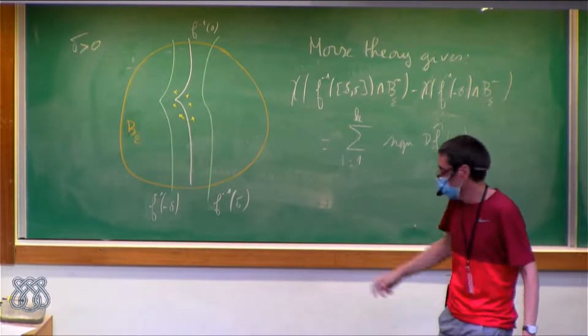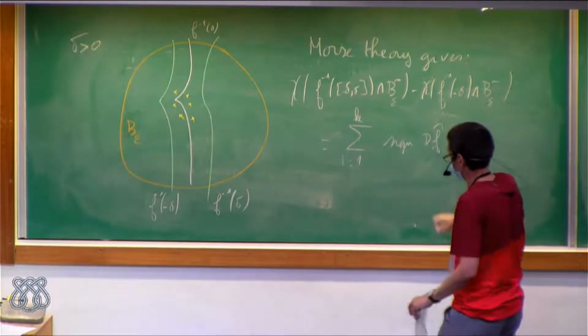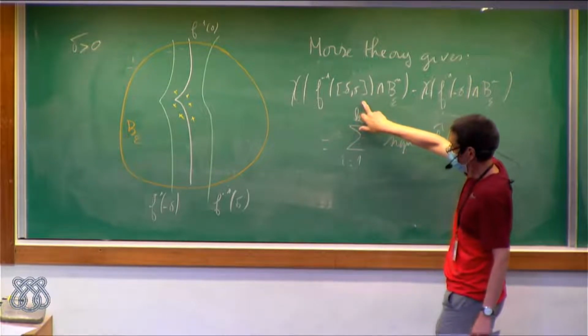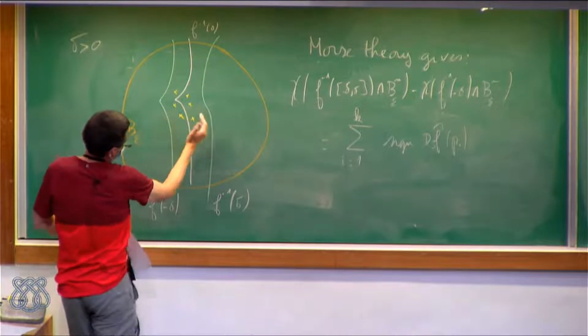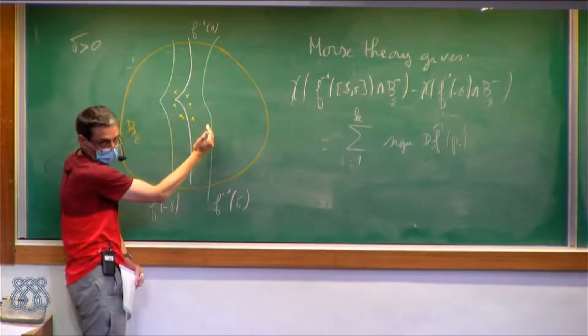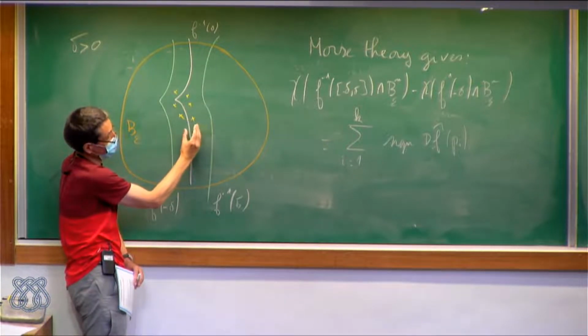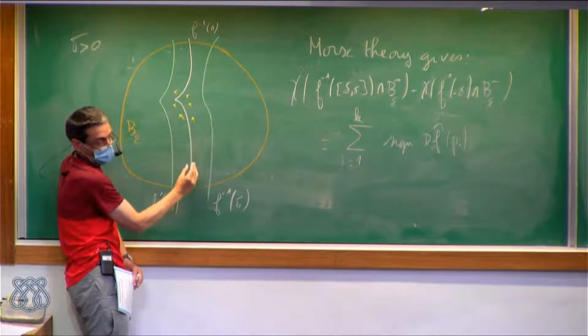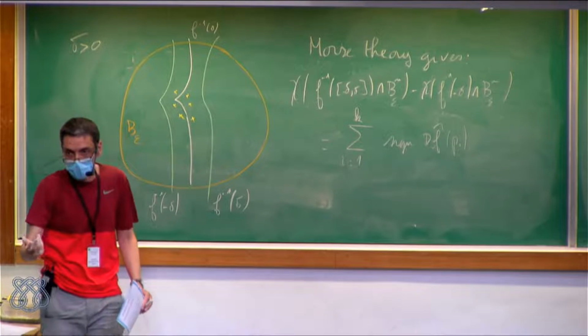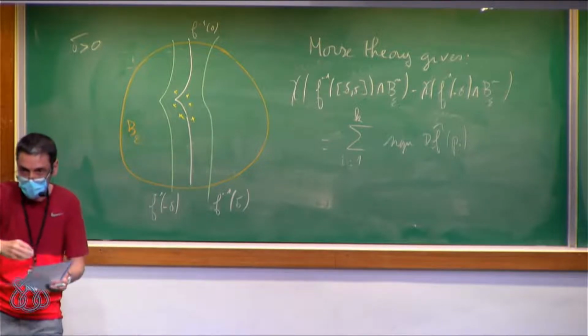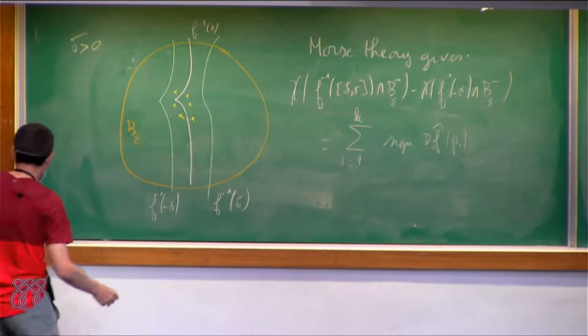So why is this thing 1? The idea is that, following the trajectory of the gradient, you can retract the tube to the central fiber. And since it's a local analytic set, it is contractible, and it contracts to a point.